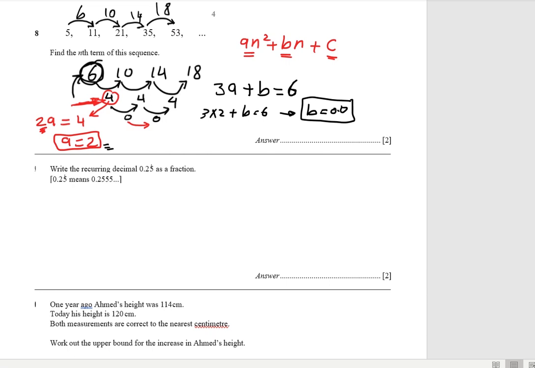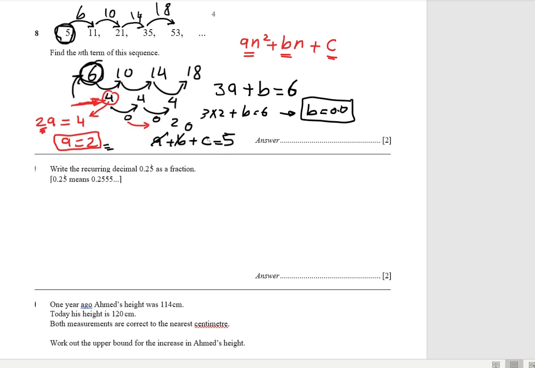To find C now, we will go up. So the equation will be A plus B plus C equal to the first number in this series, which is 5. A is 2, B is 0.